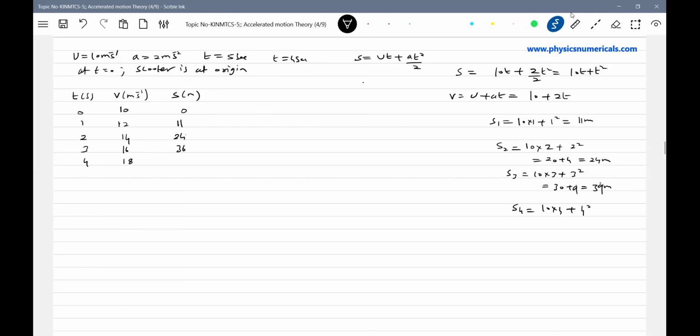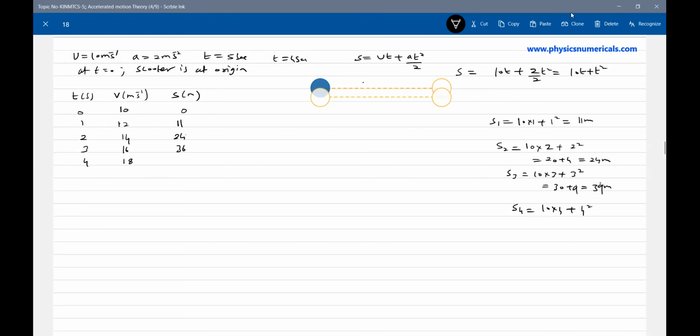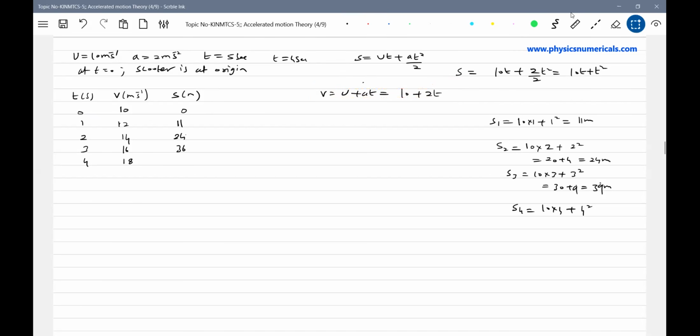10 into 4, 4 square. This equation we should apply. I think some of you are getting confusion with this, and I'll move it separately. Based on this equation, substitute the value of t in it. So this will become 40 plus 16, 56 meter.